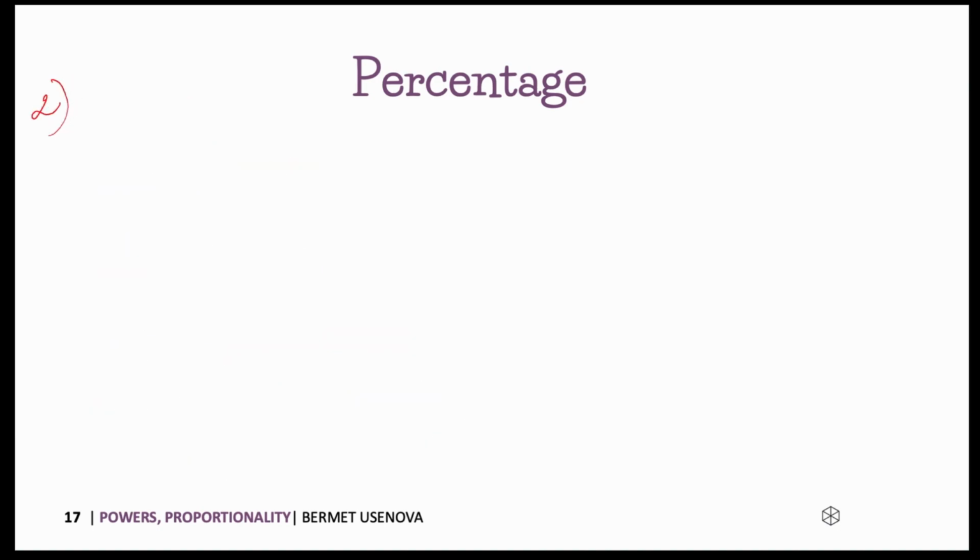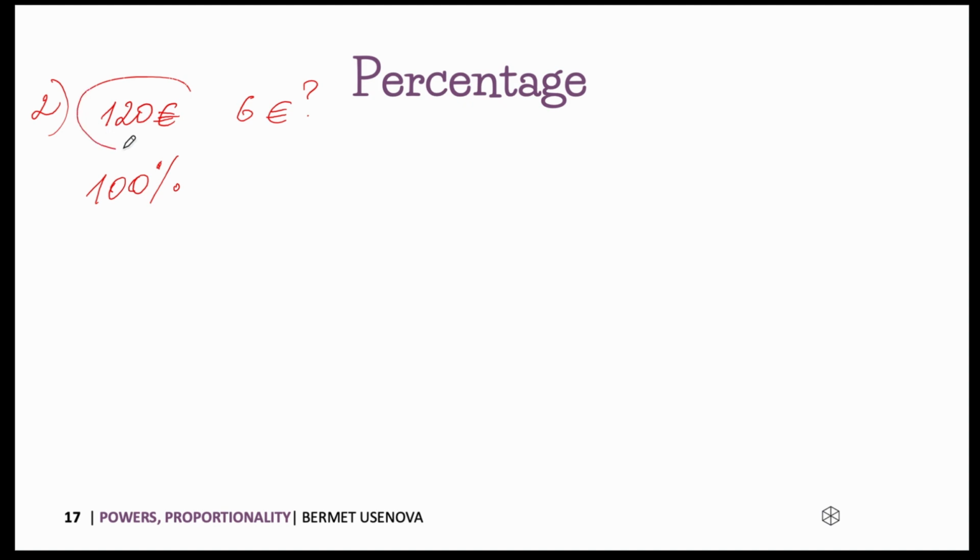The second type of problem will be finding a percentage. For example, what percentage of 120 euro is 6 euro? Note that the basic value is 100%. Here we can also do a step-by-step solution with the rule of 3.